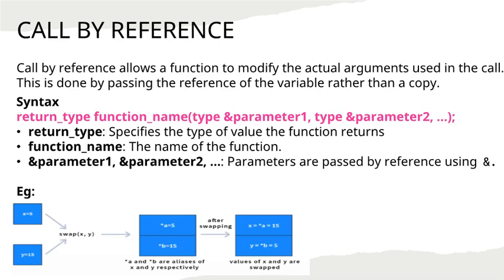Inside such functions, modifications directly affect the original variables. This approach enhances efficiency by avoiding unnecessary copying of large data and is fundamental for functions that need to alter multiple variables or large data structures efficiently.